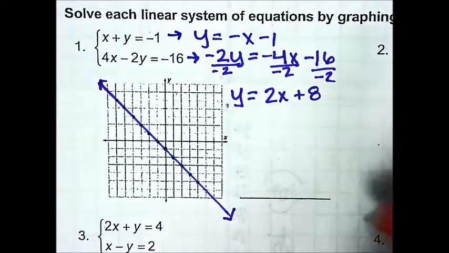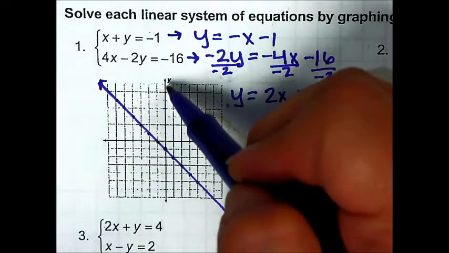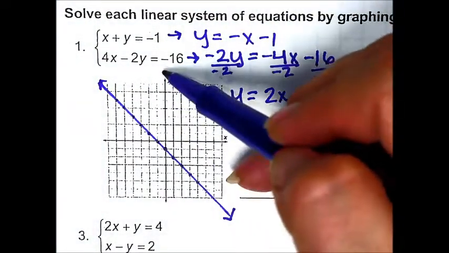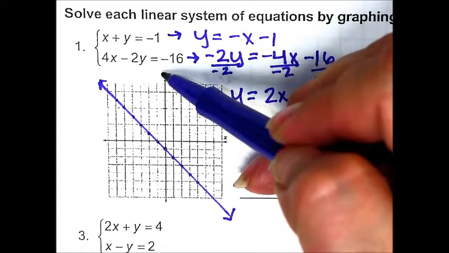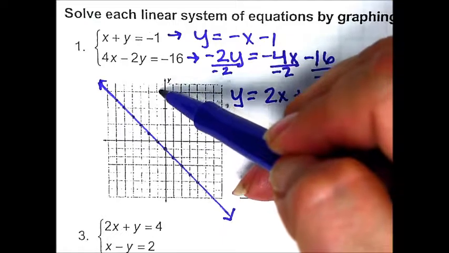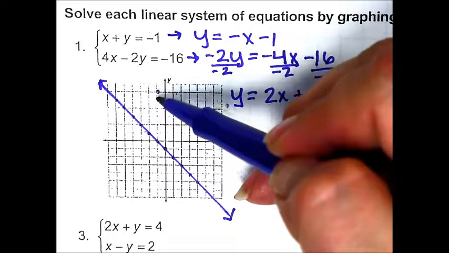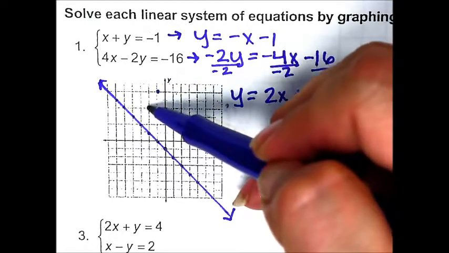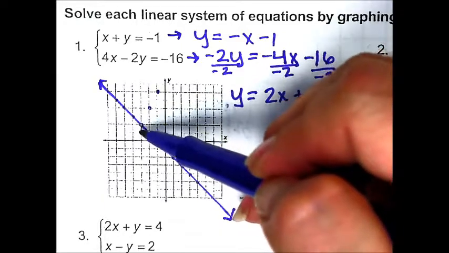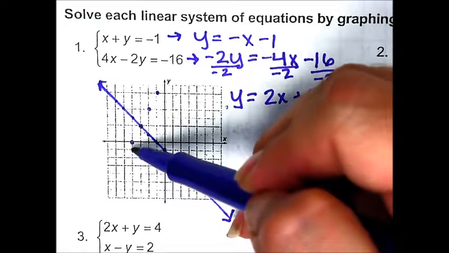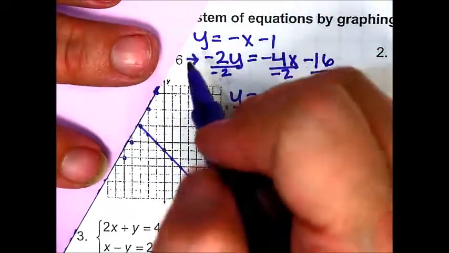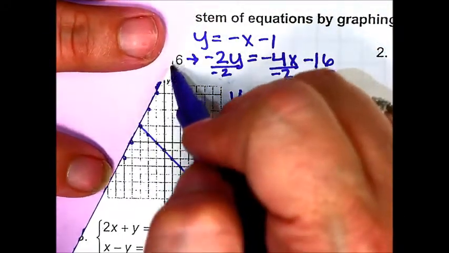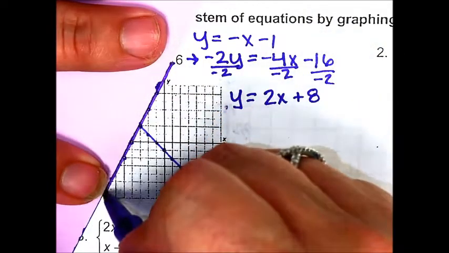The second line has to start at 8. This only goes to 7, so 8 would be up here. And the slope is 2, so I can go down 2, left 1. And you should get to a point where the two lines cross each other.